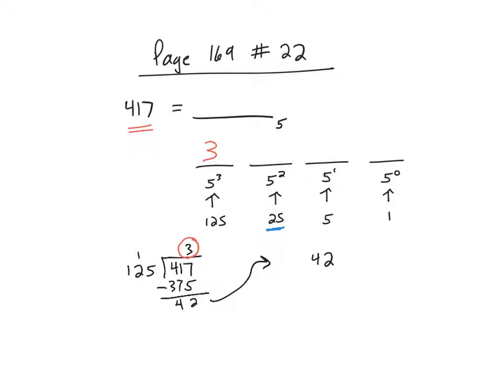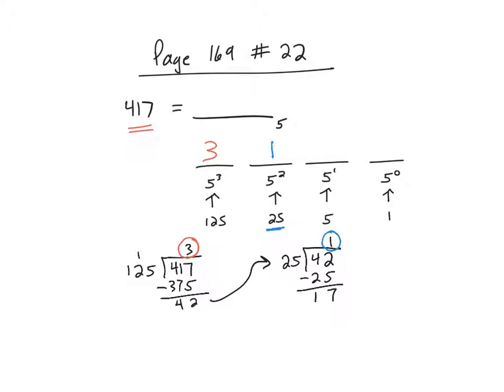I'm guessing it's 1, but let's do the division. If I divide by 25 and I multiply and subtract, I'm going to get 17. So that means I got 1 25, so that becomes a 1. That's how many 25s I need.